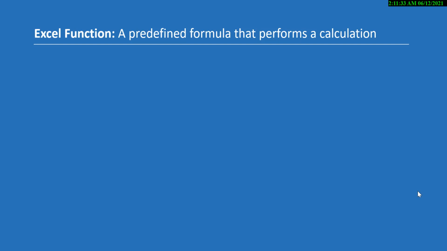It could be a whole slew of things. I want to be able to find my house payment or the next car that I buy. How much am I going to pay for that monthly? Well, built into Excel, they have a function called PMT, or the payment function, that will do all of that for you.